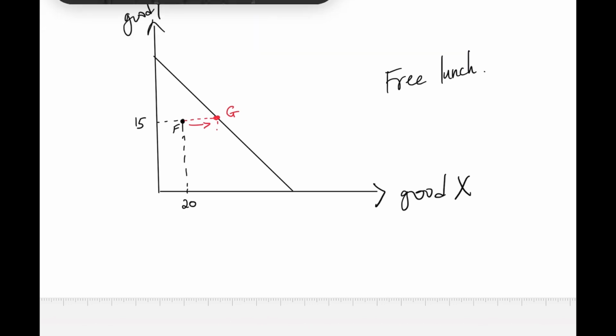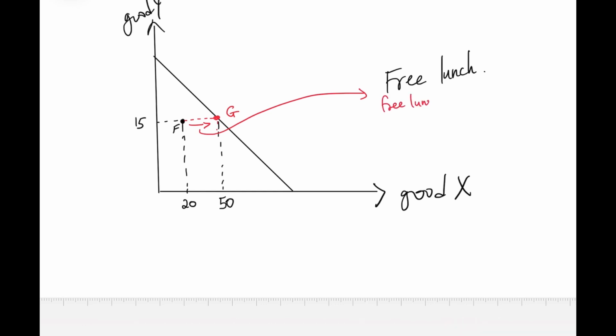I'm going to use black now. We got 30 more units of good X, but we didn't give up any good Y in our path from F to G. So this red path is the free lunch path.